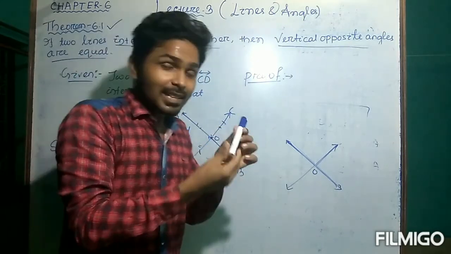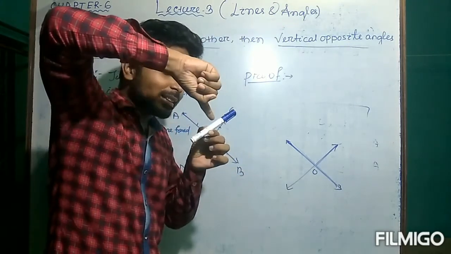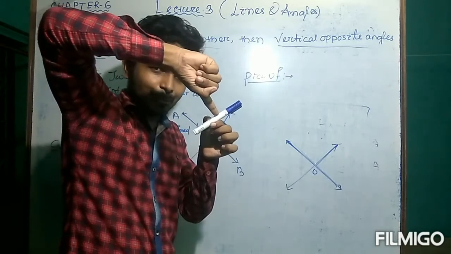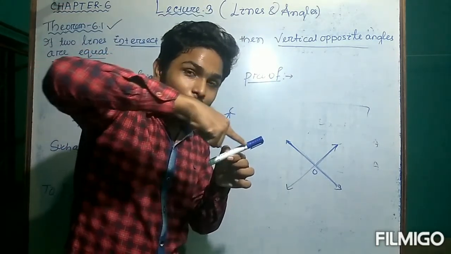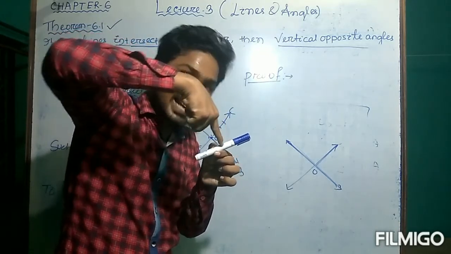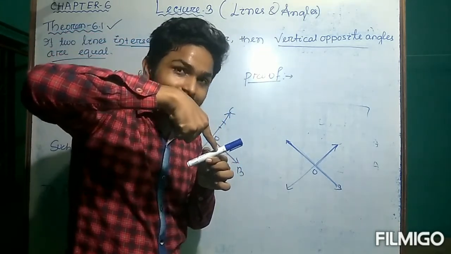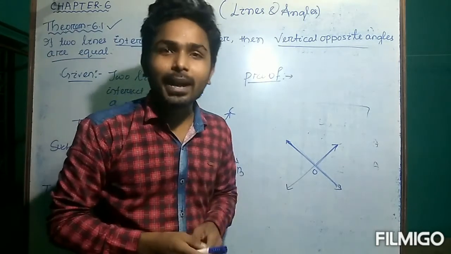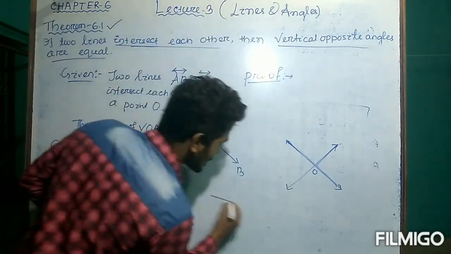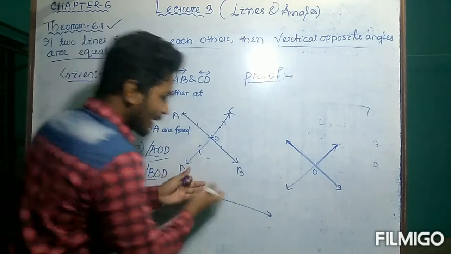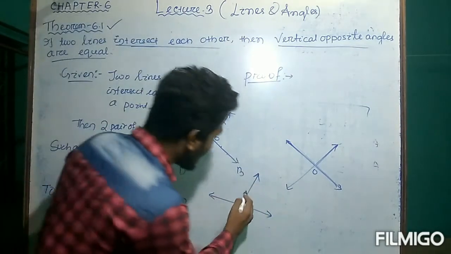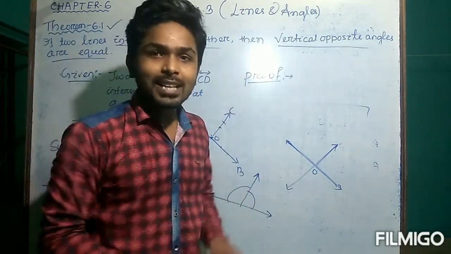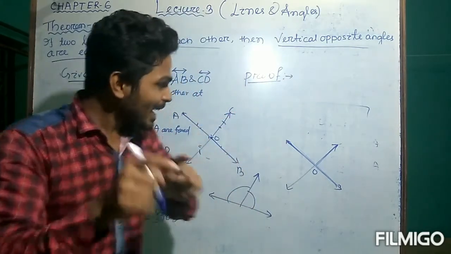According to axiom 6.1, if on a straight line a ray lies, then the two angles formed are known as linear pair angles. Suppose on this straight line another ray stands, then the two angles formed are known as linear pair angles.